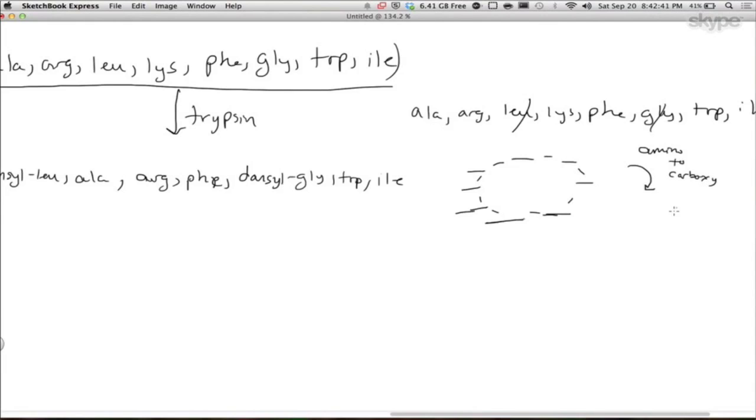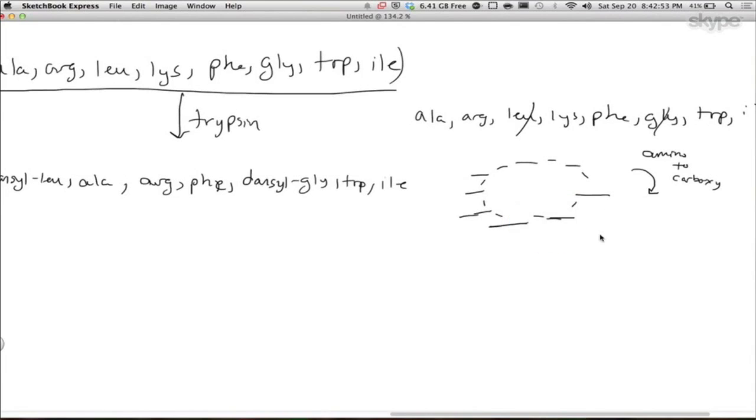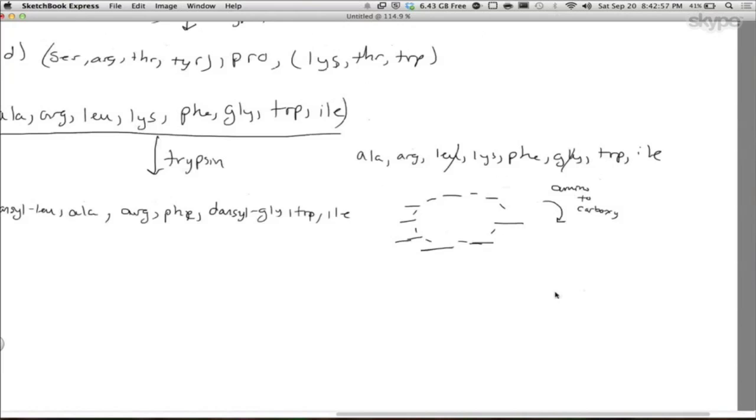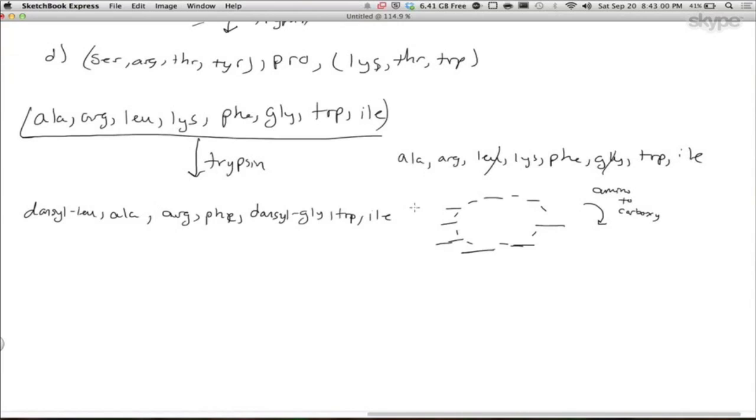You may as well choose clockwise since that's what I did on my screen previously. Okay, so now let's continue. We want to build all our deductions into that picture. And when you start putting things in, you can put the first amino acid you place anywhere you please because there is no start or end. Fair enough?